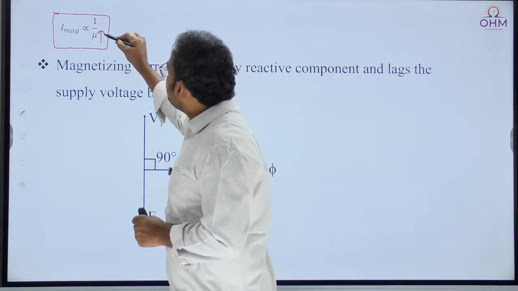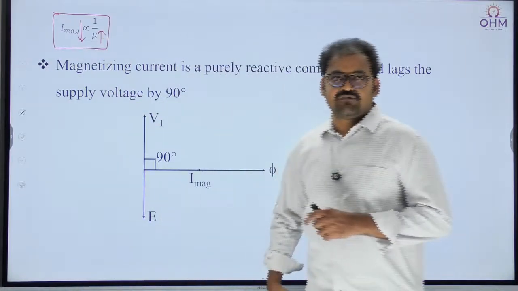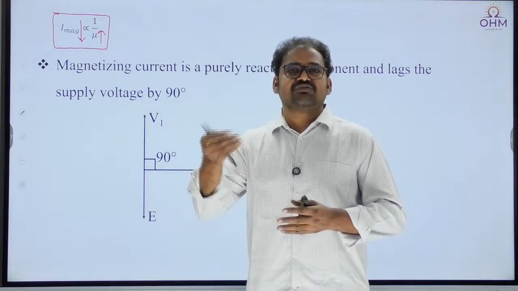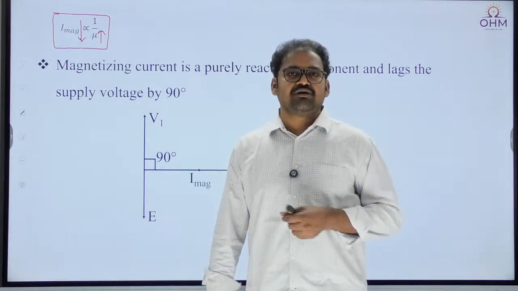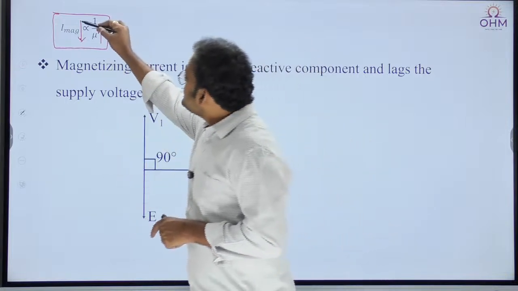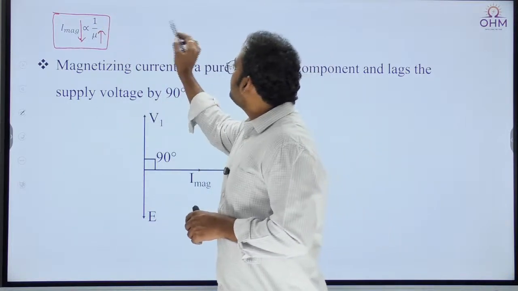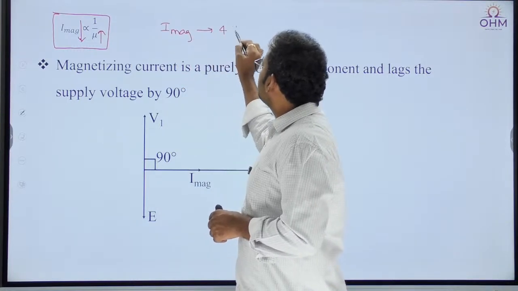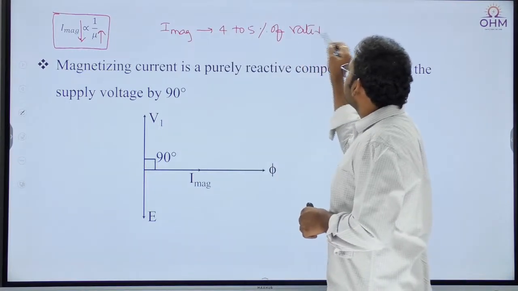Yes, if permeability is very high, magnetizing current will be very, very low. Generally for a transformer we use CRGO steel, and CRGO steel offers very high permeability. That's why magnetizing current is very low. It is approximately 4 to 5% of rated current.